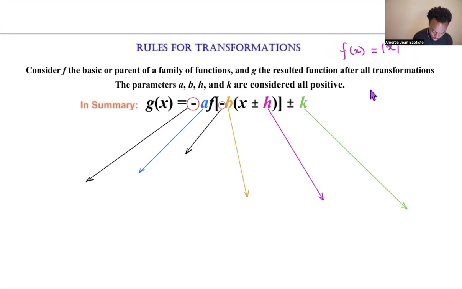Okay, you have f of x equals absolute value of x. That's the parent function. We know the shape is a V shape. But once I put a negative sign here, that negative sign tells me that this graph is flipped over the x-axis. It was looking up, now faces down.